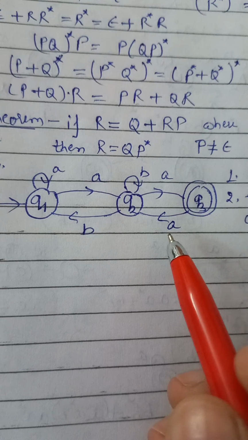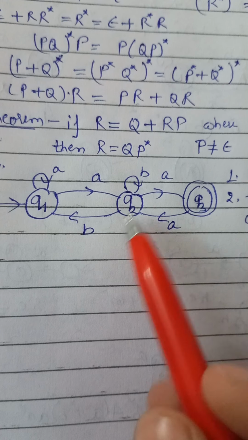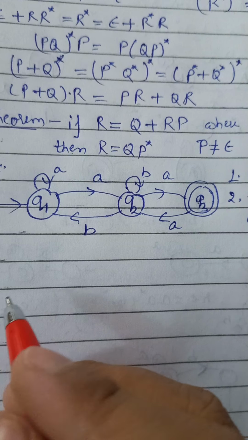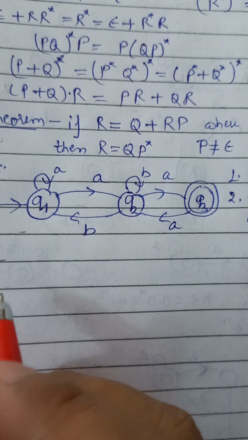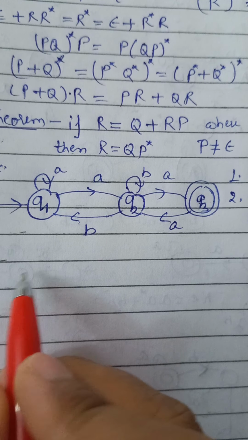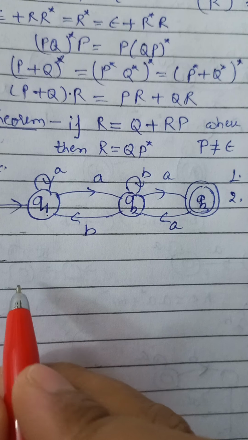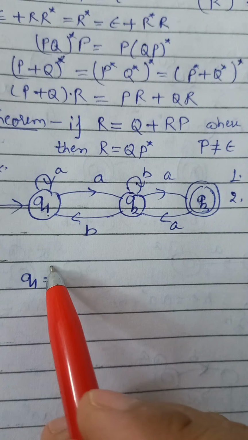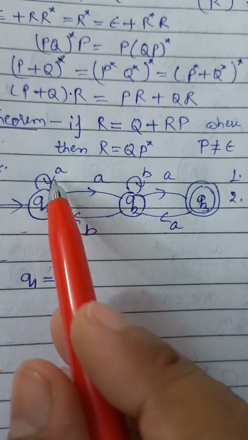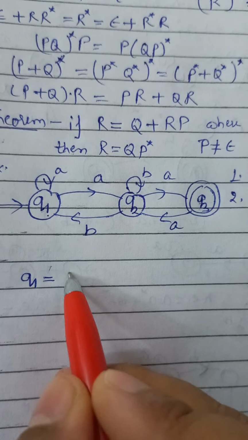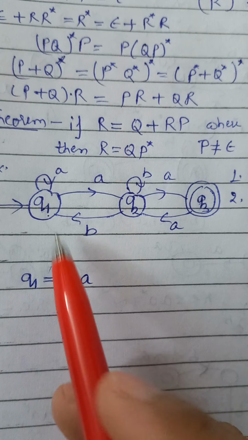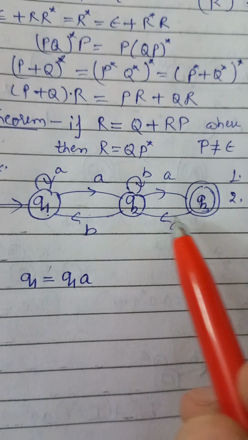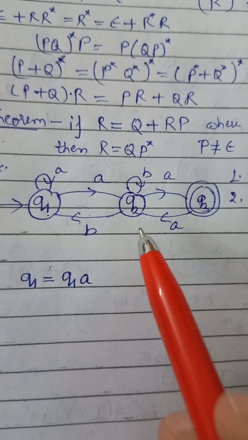Suppose we have this machine. So first what we will do, we will write this into equations. How are we going to write it? Suppose q1. First we take q1, and whatever is coming towards q1 we write in this equation. So we will write this whole machine into equations.